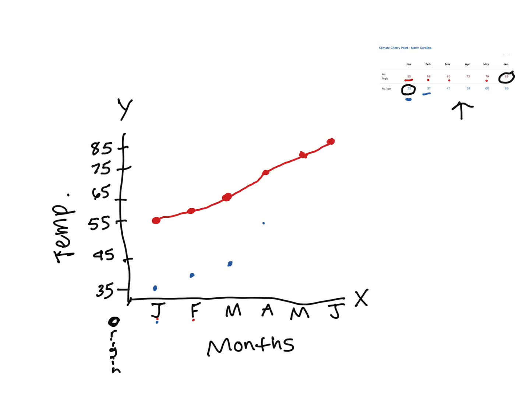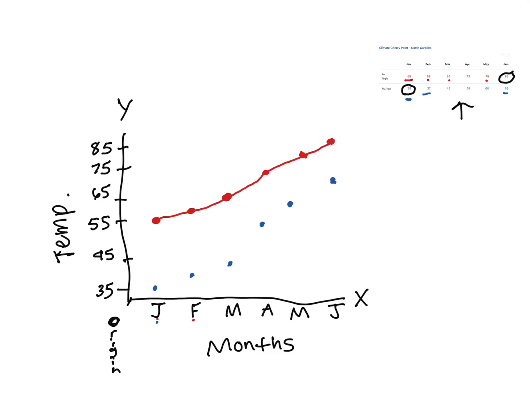And then June, the average low temperature was about 68. So that's just a little bit above 65. So I'm going to do my dot there. Ooh, whoops. Let me try that again a little bit neater. Put it right here.